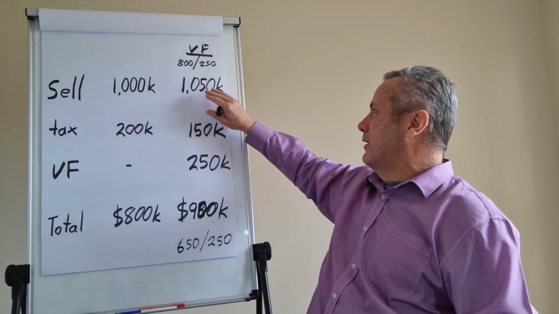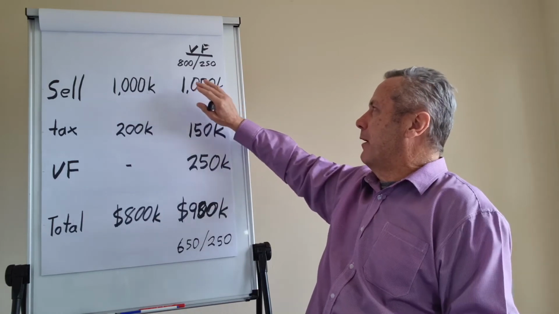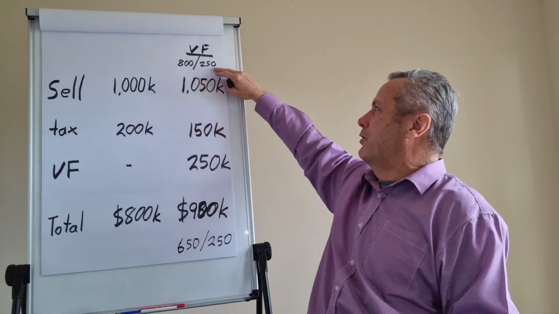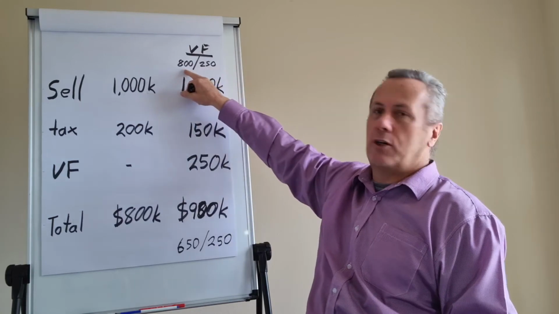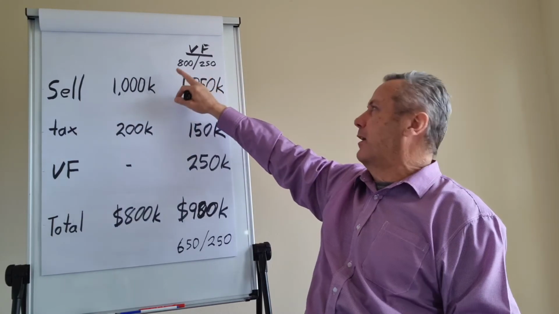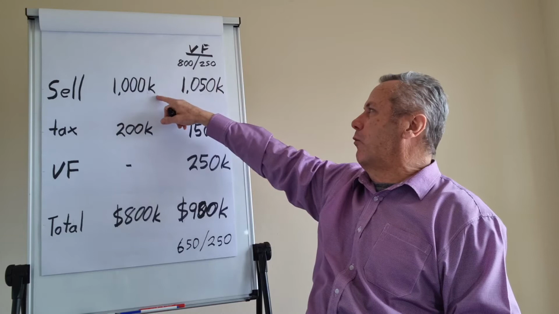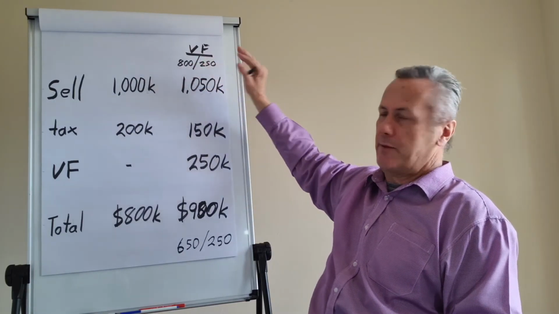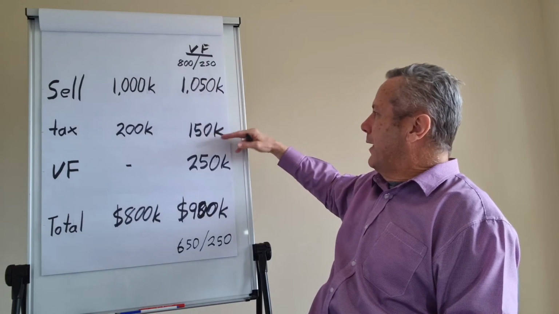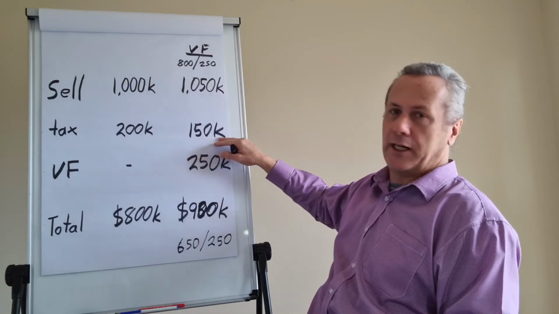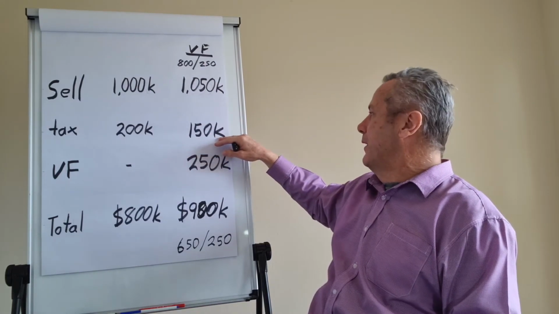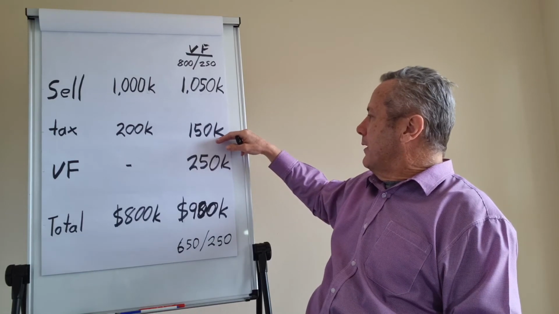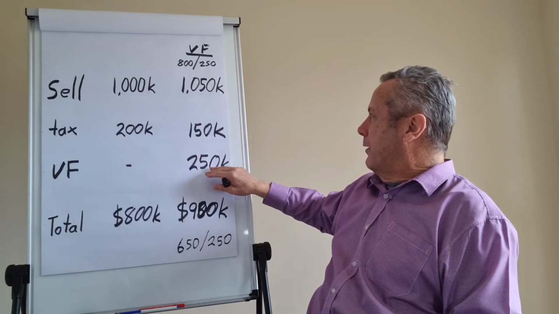We split it up between a finance component of $250K and an upfront of $800,000. Now, because the 800 is lower than the 1,000, the tax would be less. You'd still be paying tax, but there would be less. Let's just assume that it's $150K that goes to the tax man, and you've vendor financed $250K.